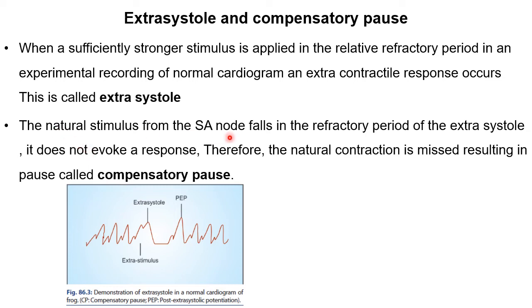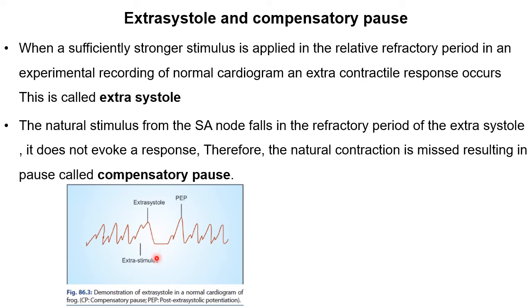Now, as this extrasystole is occurring, the natural stimulus would fall in the refractory period of this extrasystole. It does not evoke any response. Now here you can see, the natural impulse which is coming from the SA node falls in the refractory period of this extrasystole.